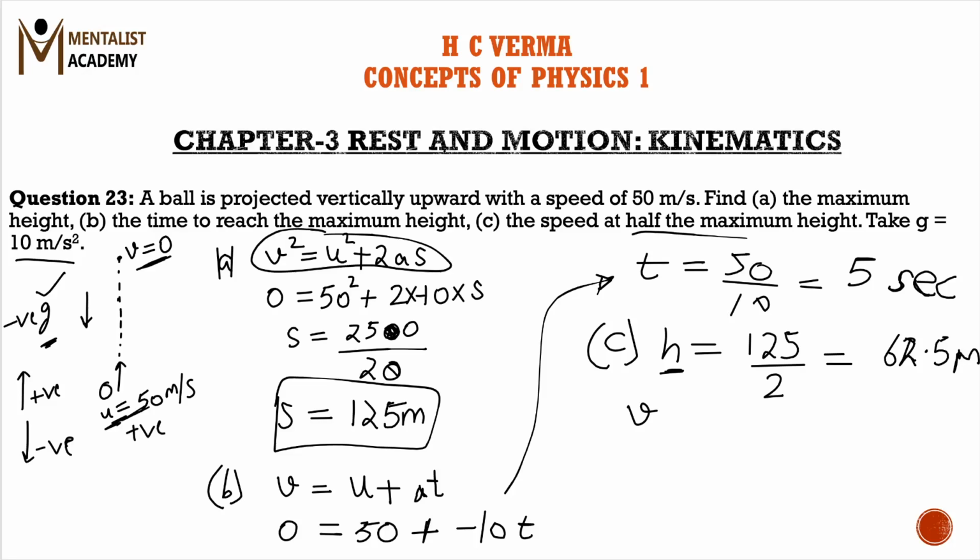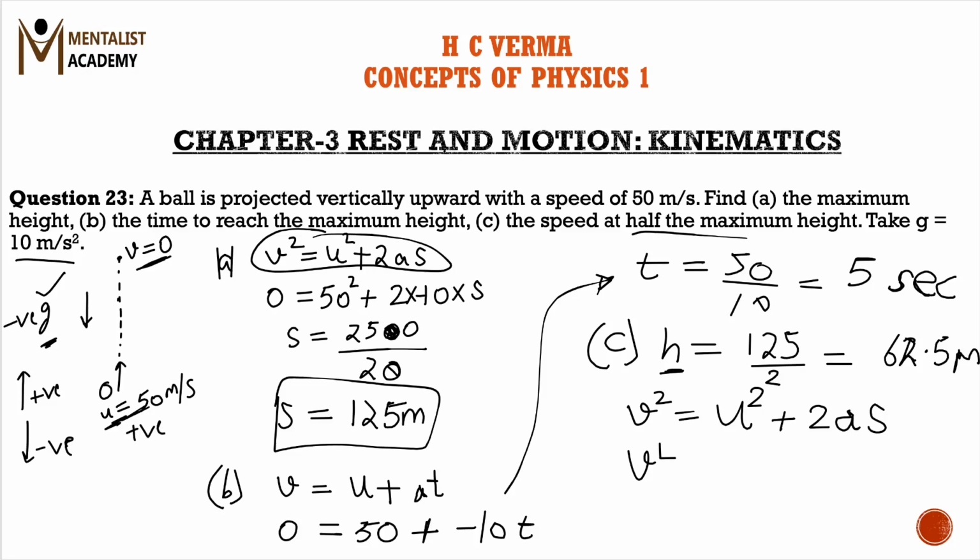So v square is equal to u square plus twice of as. V is what we have to find.